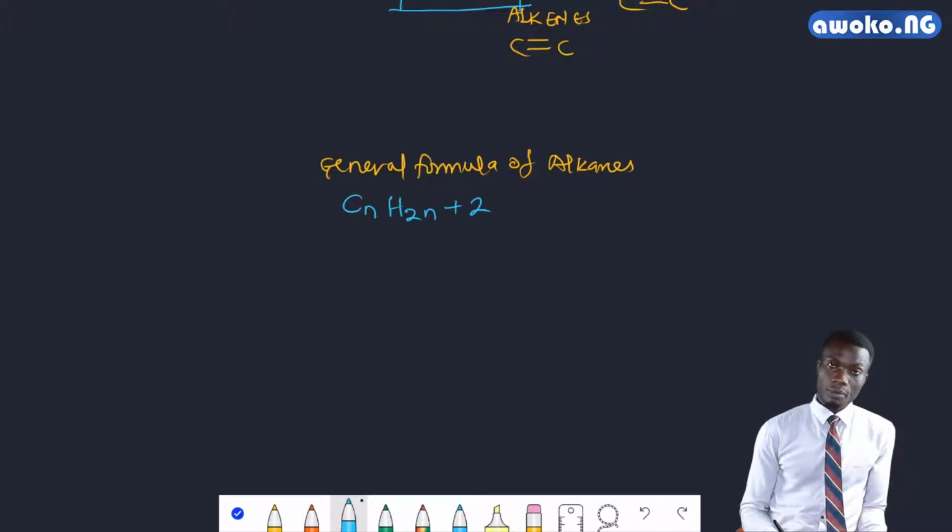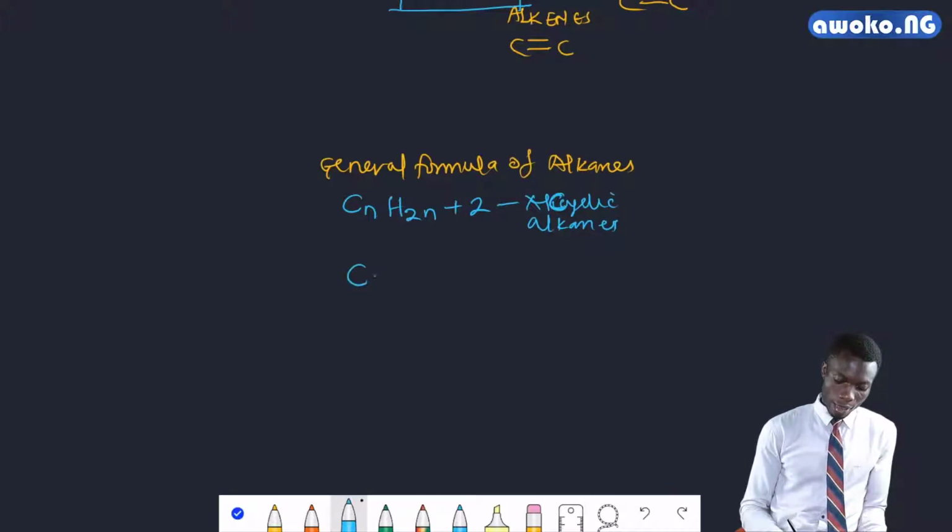This is for the acyclic hydrocarbons, alicyclic, acyclic hydrocarbons. So this is the basic formula.